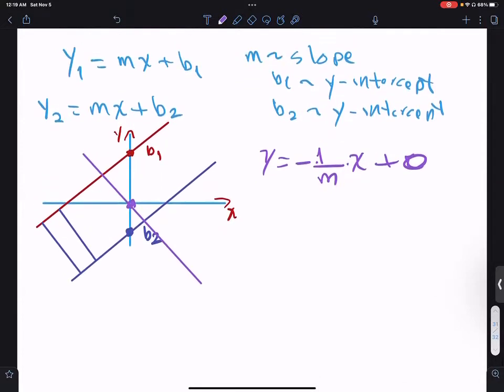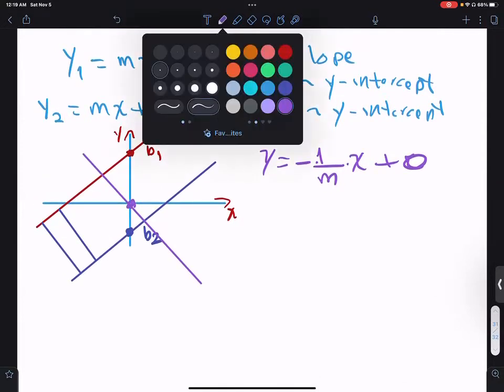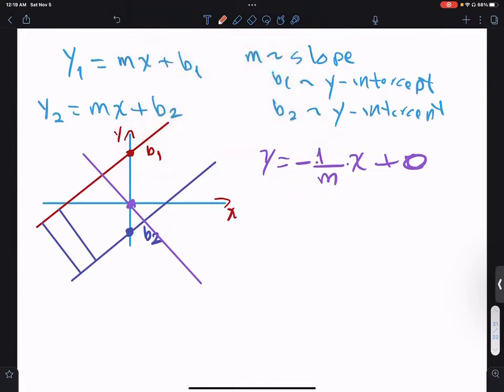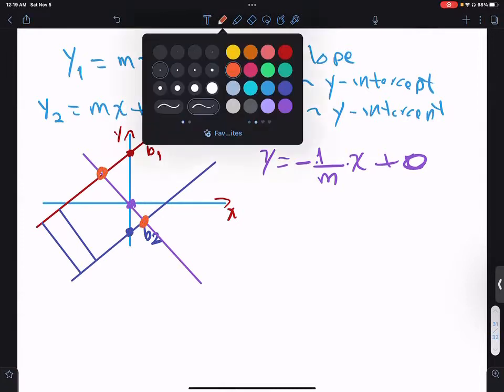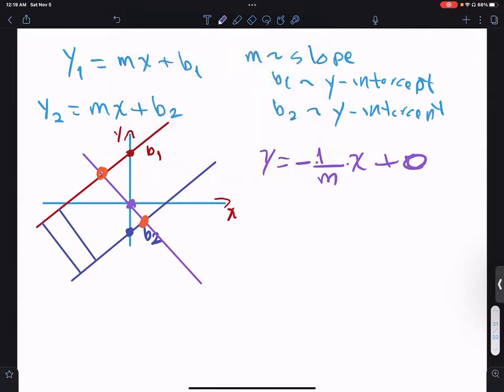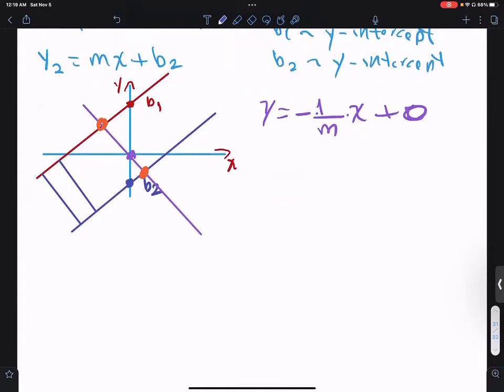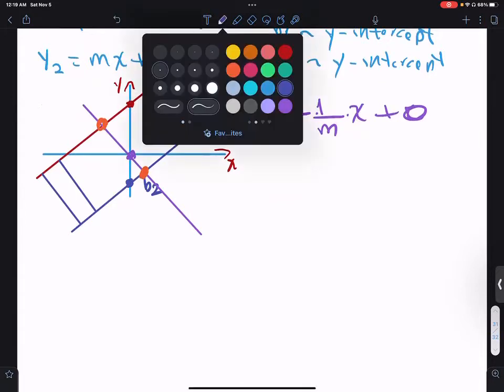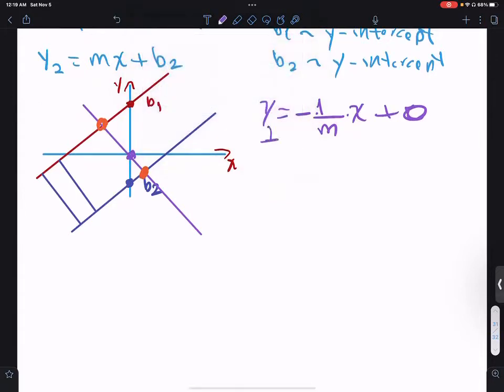And I'm going to find these two points. This point here and this point here. Let's find the two points. This is the perpendicular.